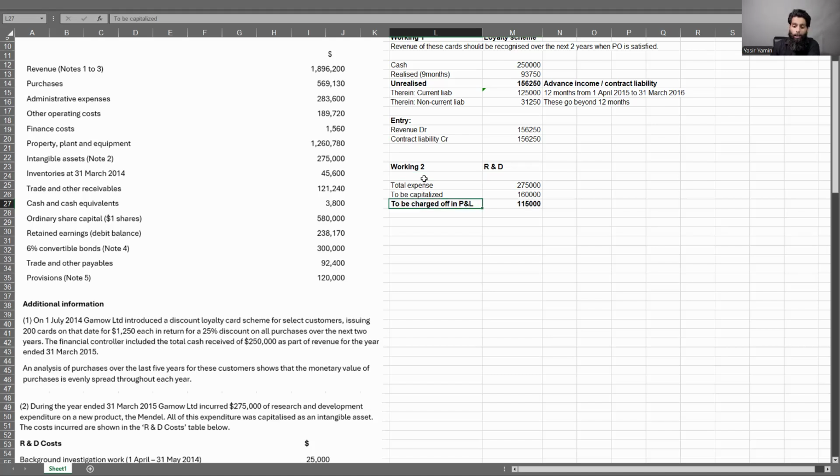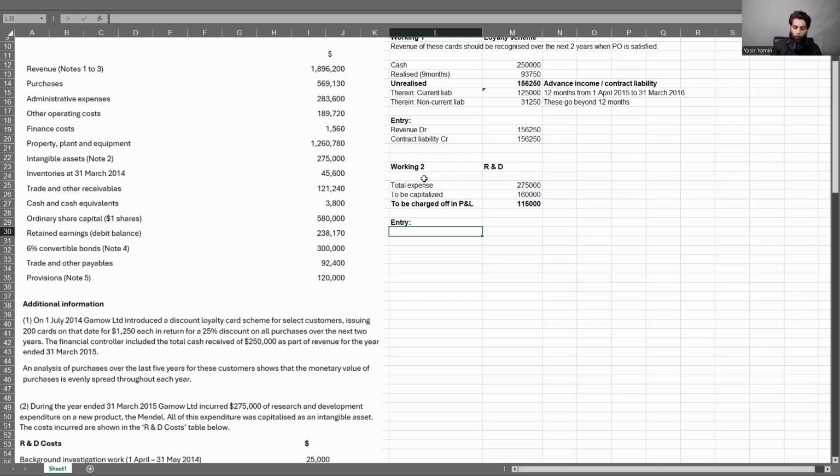Now, the examiner has capitalized the entire 275,000 amount, each and every amount. Is that correct? No, you need to reverse. What should be the accounting entry for correcting this?